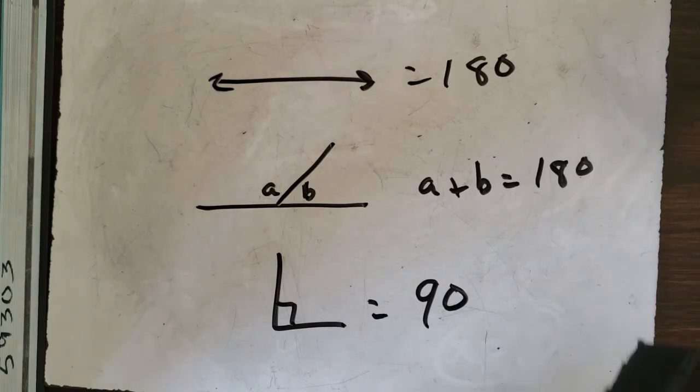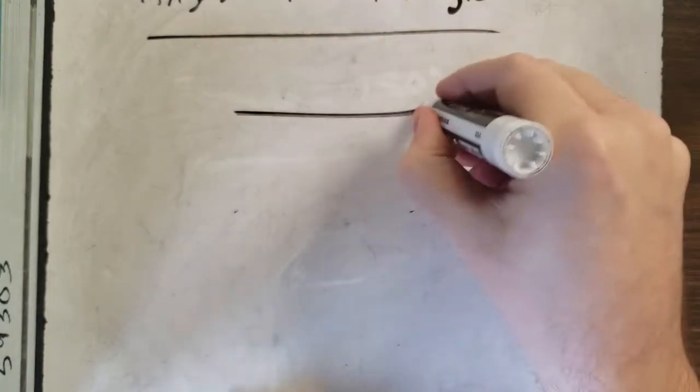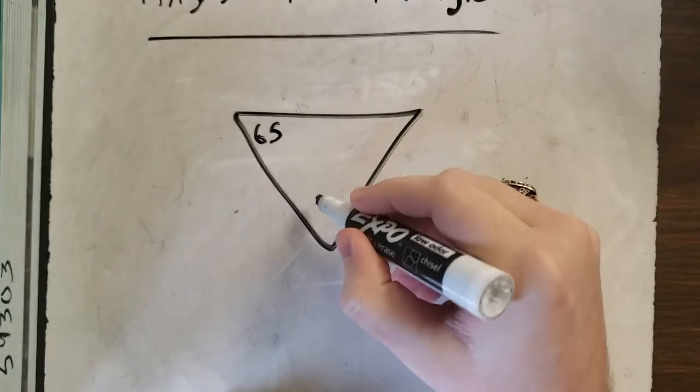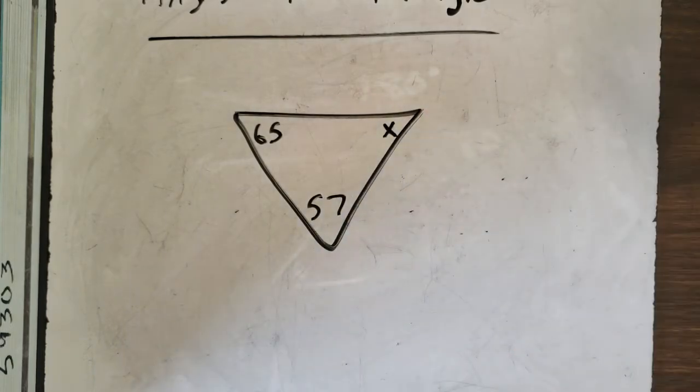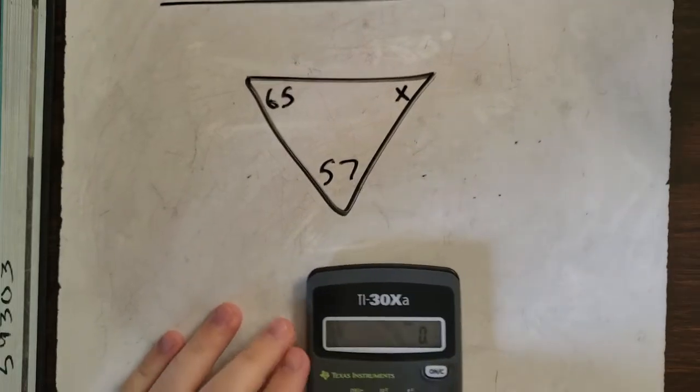So first example, let's say we have a triangle. Let's say this angle is 65 and this angle is 57, and you need to solve for that angle there. Once again, calculator, okay, here we go.